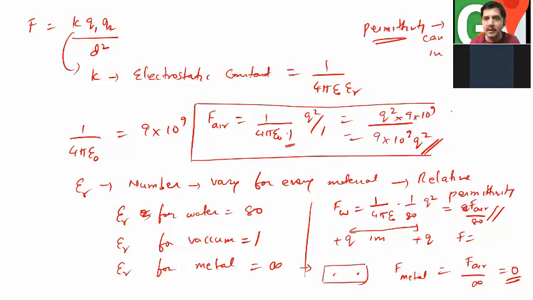So now, let us consider a socket. Let us say this is charged. The charge has come over here from the electric field, and this is completely charged. Now, when I stand on the ground, I'm negatively charged.